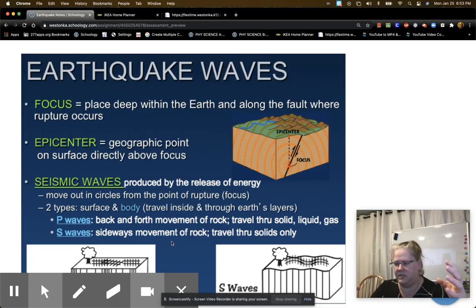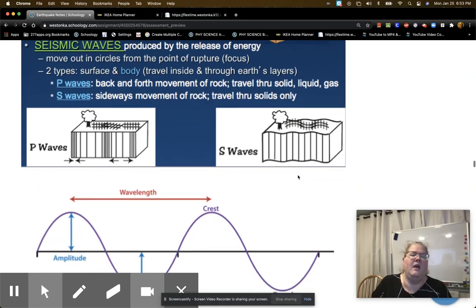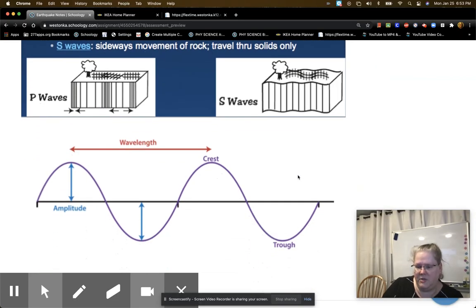S waves are literally, you take one end of the slinky here and one end of the slinky here, and you shake one side and you can see the S wave pattern start to occur. They happen to be primary waves and secondary waves, but it also happens that these pulse and these go side to side. And those waves, when you're looking at a slinky going side to side, have crests and troughs, just like any wave.